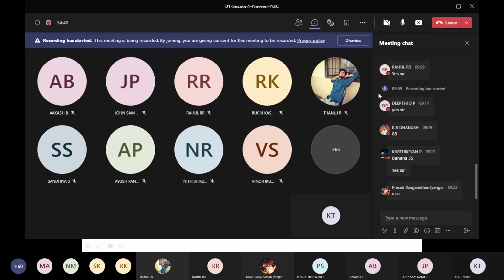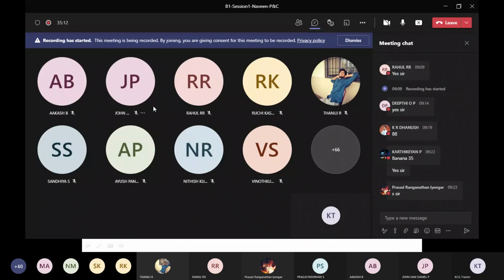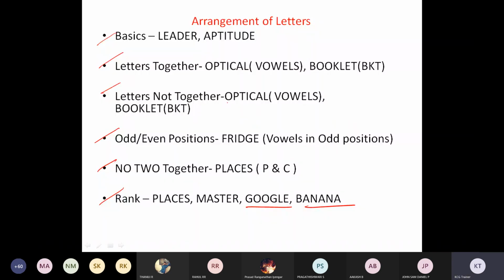Okay, done. Guys, did I complete all the 6 concepts? Please tell me, did I complete all the 6 concepts here? Or is anything else pending in the 6? Because I don't remember for which batch I've done all the 6. Had I completed for you? Anyone please unmute your mic and tell me. Yesterday, did I complete all the 6 concepts of arrangement of letters?